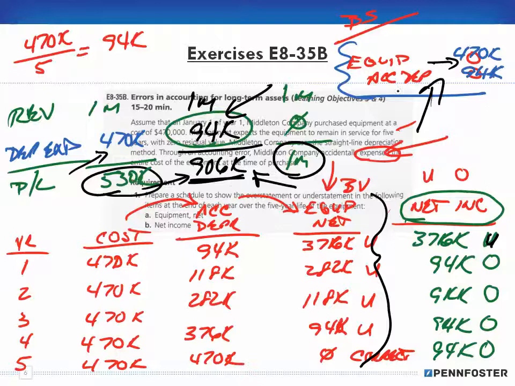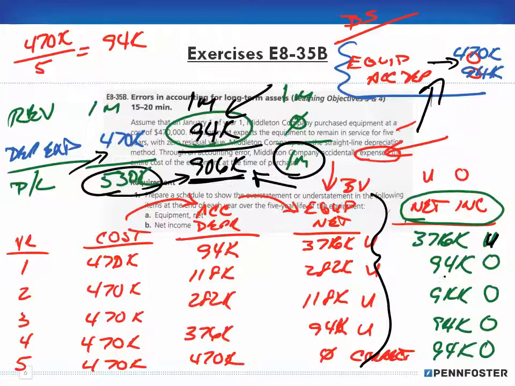So my book value of the equipment and accumulated depreciation is zero. What I should have is greater than the zero, except, of course, for the last year when I'm completely depreciated, and then everything ends up being correct. So that's my effect on the balance sheet.